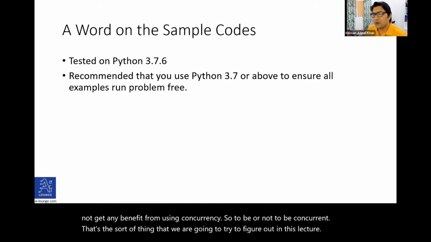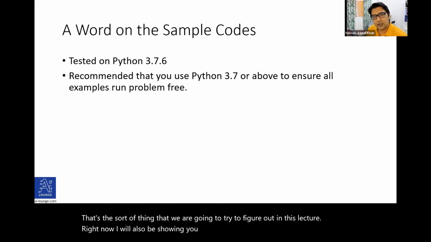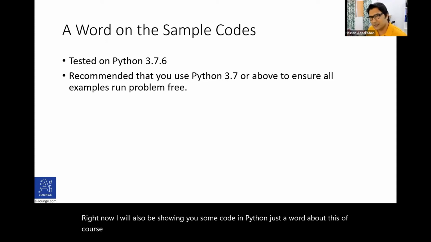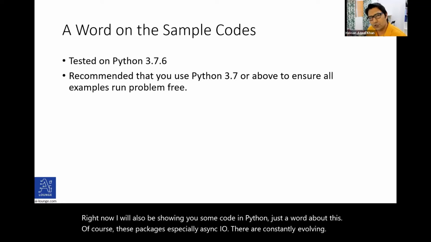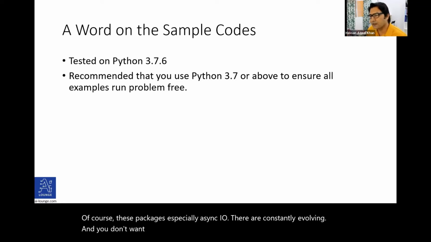Now, I will also be showing you some code in Python. Just a word about this: these packages, especially asyncio, are constantly evolving, and you don't want to use a very old version of Python.